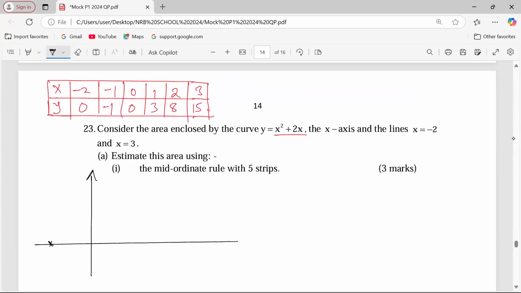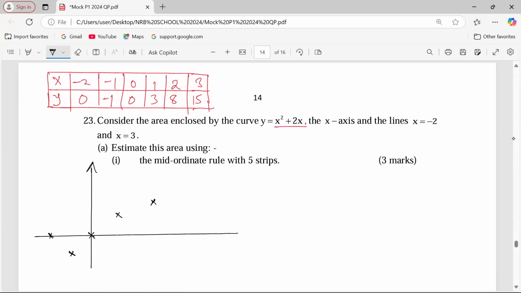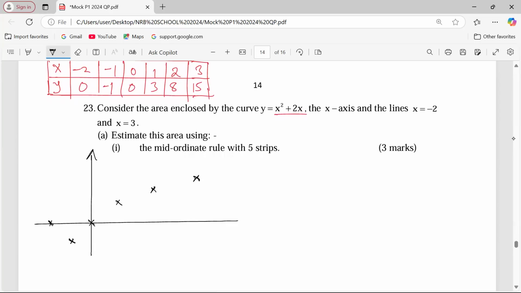Then at -1, we have -1. Then at 0, we have 0. Then at 1, we have 3. Then at 2, we have 8. Then at 3, we have 15. So now I can sketch the curve comfortably.